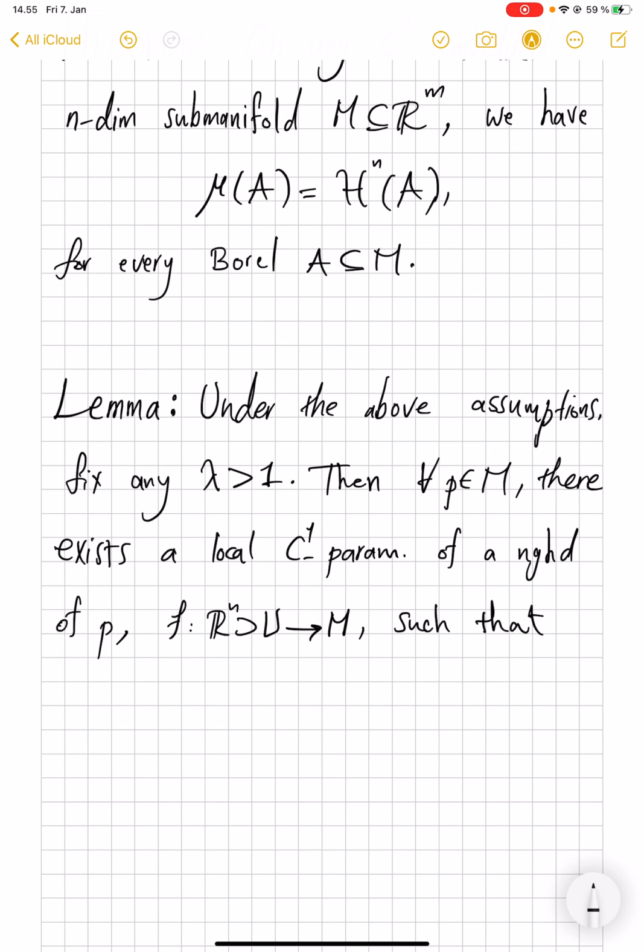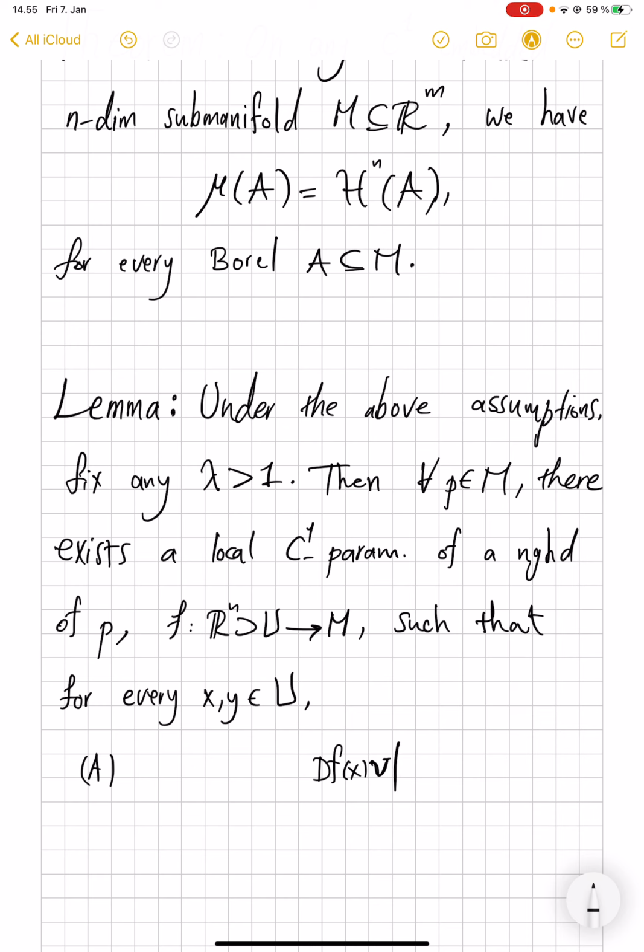for every x and y from this U, the following hold. Number one is that the derivative of f at x is almost the identity map. And that is expected from an isometry. So how do we quantify that a matrix is very close to the identity matrix?